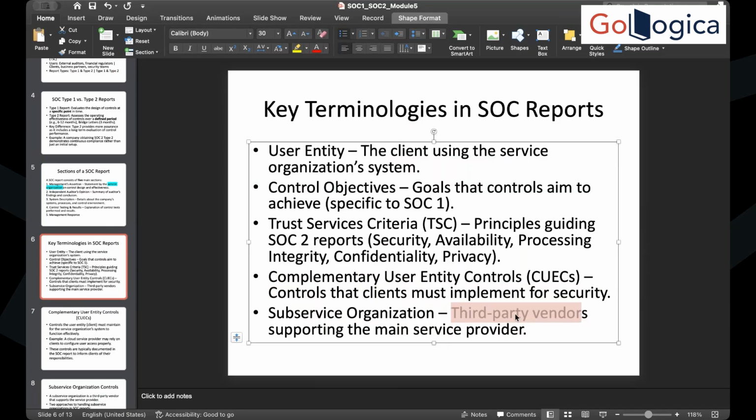Microsoft Azure, supporting the main service provider. Who is the main service provider? Cisco. Right. And why is it called supporting? Because all my systems are hosted on Azure. That's why I need support from Azure also. Make sense? Yes, it does.